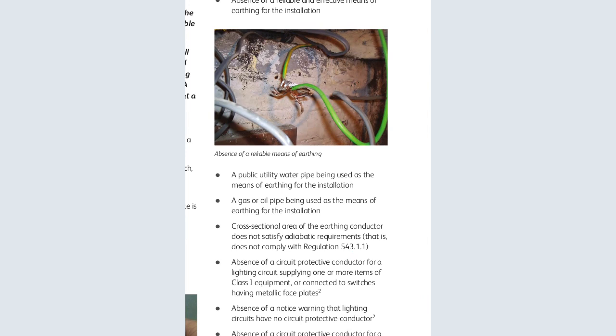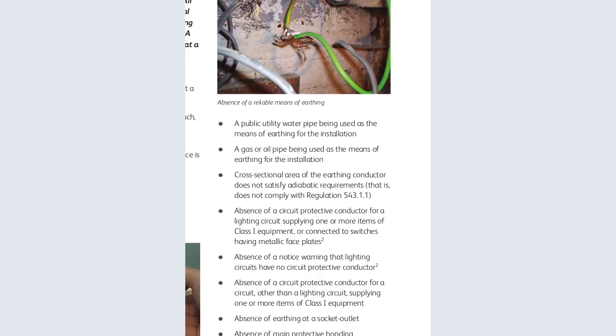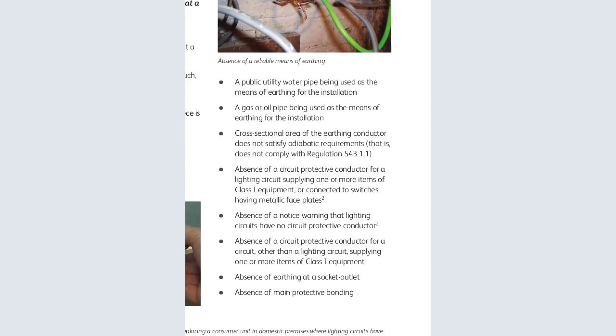A cross-sectional area of earthing conductor that does not satisfy adiabatic requirements, and that does not comply with the regulation. Absence of circuit protective conductor for a lighting circuit supply. One or more items of class A equipment are connected to switches having metallic faceplates.